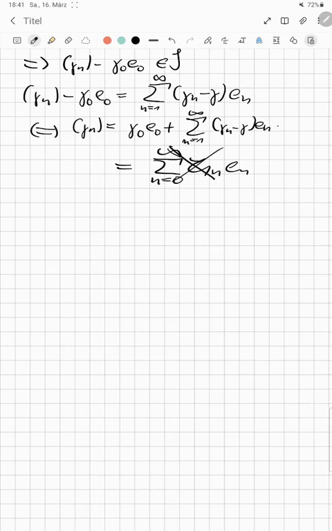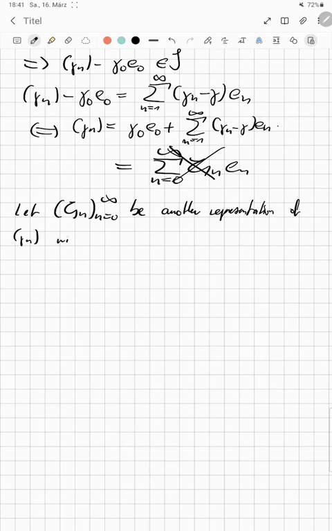Now I will just cross this out because I will now use the zeta n's and suppose that with this going from 0 to infinity, that these are another representation of gamma n with respect to the extended basis.